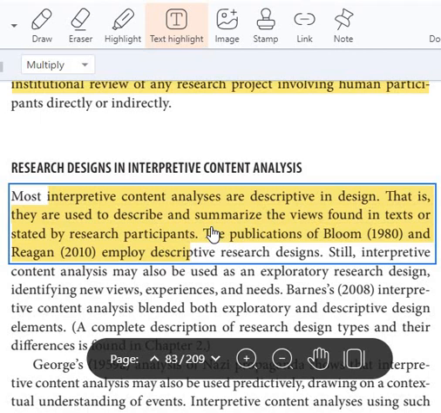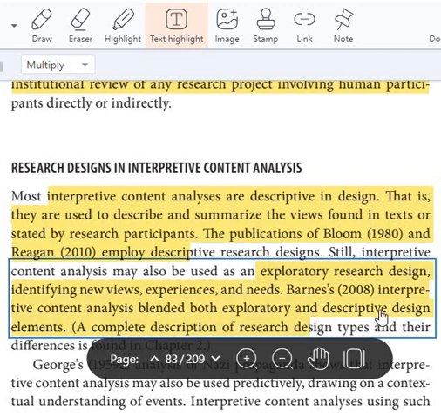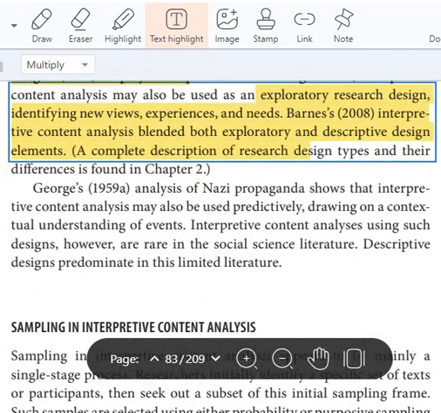Still, interpretive content analysis may also be used as exploratory. That's okay. If you want to explore too, that's okay. So we have descriptive and exploratory research design, where they identify new views and experiences and needs. Barnes, for example, Barnes' interpretive content analysis blended both exploratory and descriptive design elements.